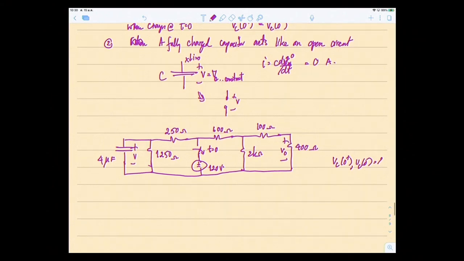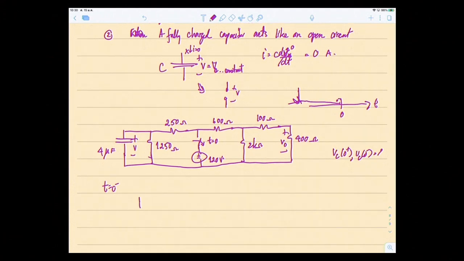First you look at your circuit before the switch changes, from t equals minus infinity until 0 minus. Like if this is a timeline, this is t equal to 0. It starts from here and continues like this until right here, 0 minus. Okay, so I'm going to draw a picture. It should be like this.